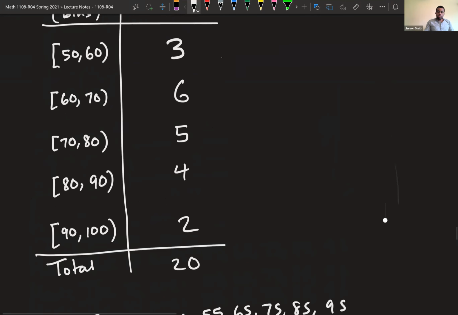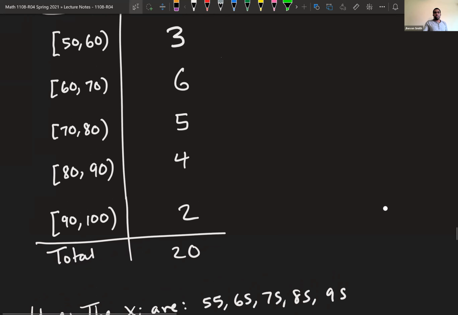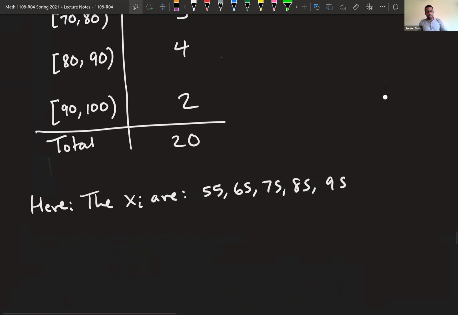For the sake of the mean and the standard deviation, I pretend that all values in the 50 to 60 bin take on the value 55, and all values in the 60 to 70 bin take on the value 65. So there are 3 values of 55, 6 values of 65, 5 values of 75, 4 values of 85, and 2 values of 95.